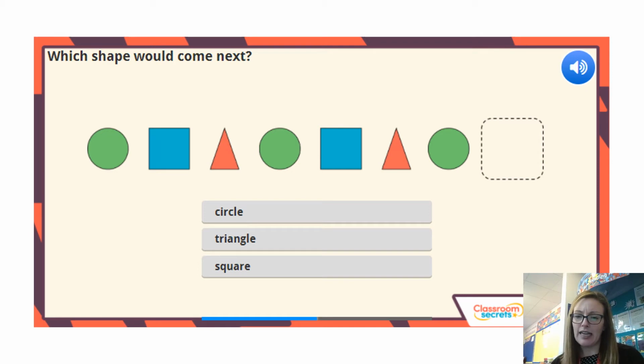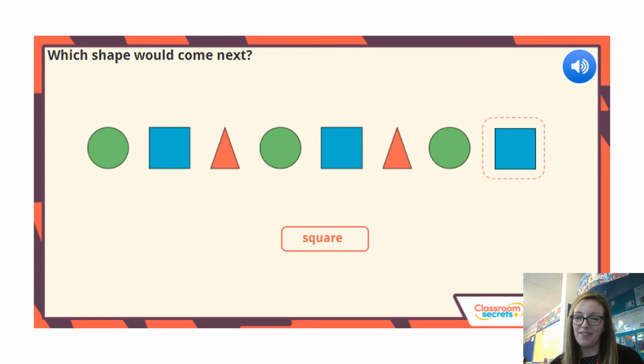So pause the screen and have a little look. Will it be another circle? Will it be a triangle? Or will it be a square? Okay, so well done if you said square, because for this pattern to be repeating, after the circle needs to be a square. Well done.